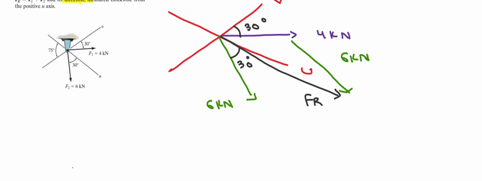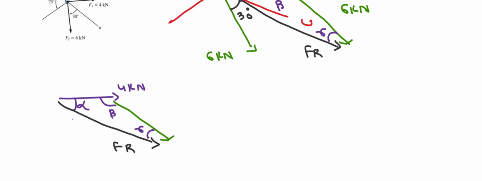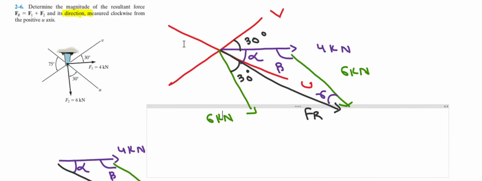Now if you look carefully into this diagram, this is nothing but a triangle. So in a triangle there are three angles. Let's call this alpha, this one is beta, and that one is gamma. Now I extract this triangle from here. Now what about alpha, beta and gamma? If you look carefully into the diagram, this is 75 degrees.